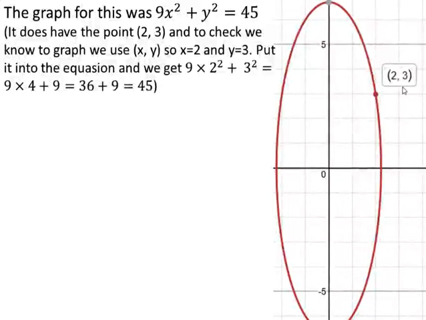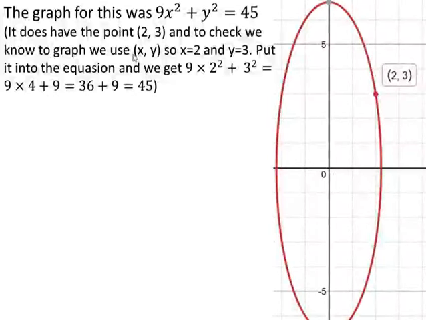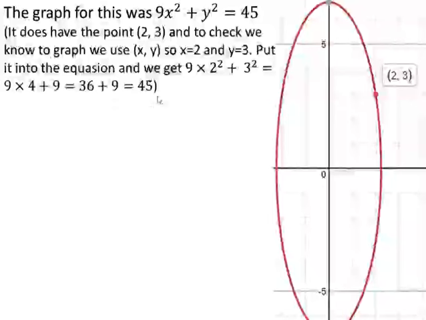And just to check, in case the textbook is wrong, although this isn't textbook work, the point 2,3 does occur in this equation because how we graph is we go along by x, then we go up by y, so that's xy, so 2 is our x, 3 is our y, so put them into the equation. 9 times 2 squared, like this part, plus 3 squared does equal 45, because then it equals 9 times 4 plus 9.